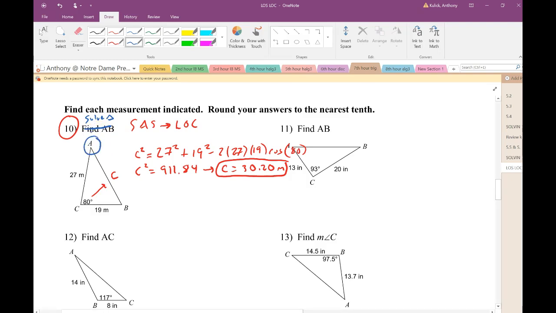It doesn't really matter which one we pick first. How can I find angle A? Since it's not a right triangle, I have to use the law of sines or law of cosines, right? Doesn't matter which one I use.